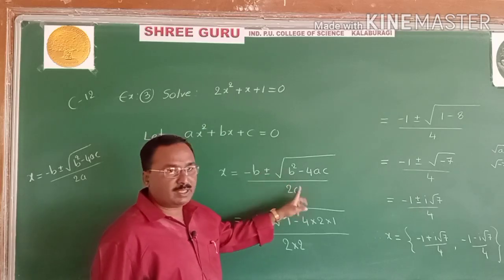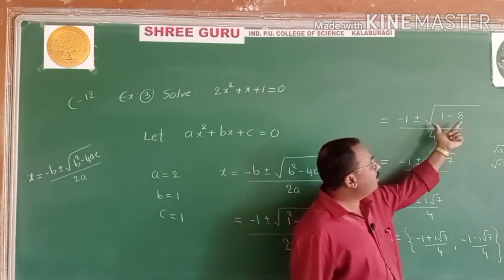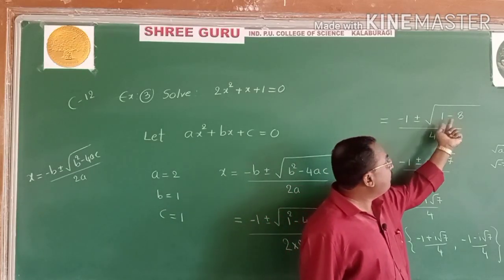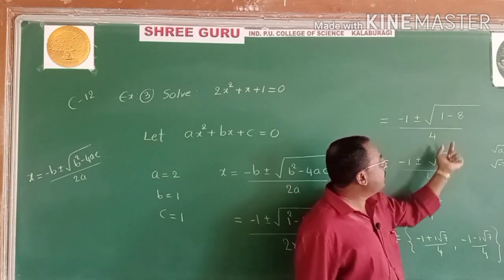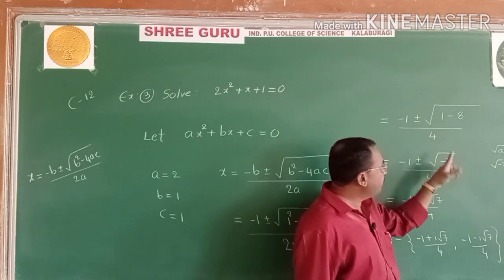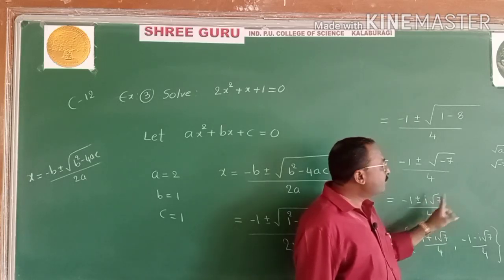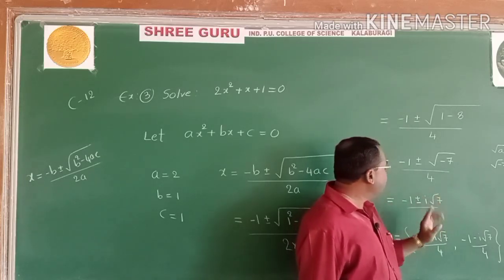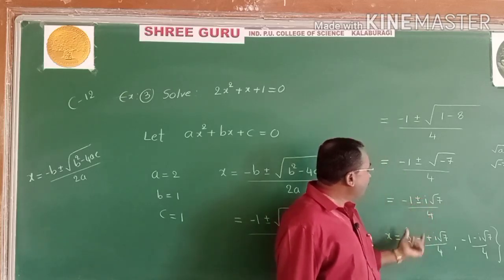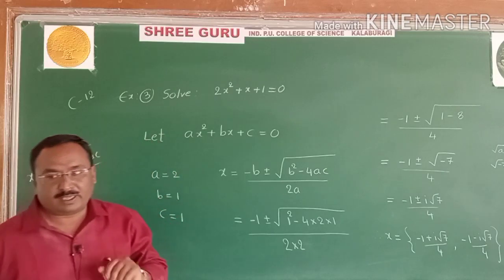Substitute the a value, b value, c value. Keep in mind this very important point: square root of 1 minus 8. 1 minus 8 is what? Minus 7. Root of minus 7, take the negative outside; negative outside becomes I. Root of minus 1 value is what? I. That is I root 7. Here one value is positive, one value is negative. Write the two values in the form of x.